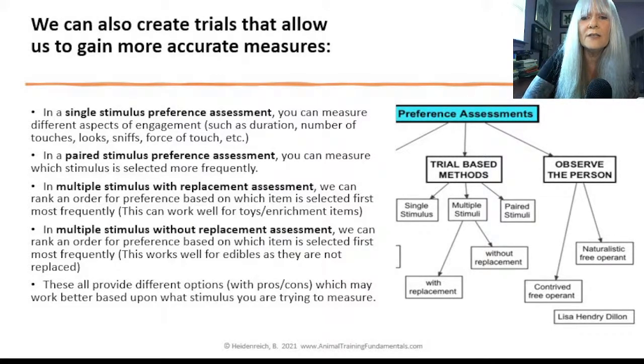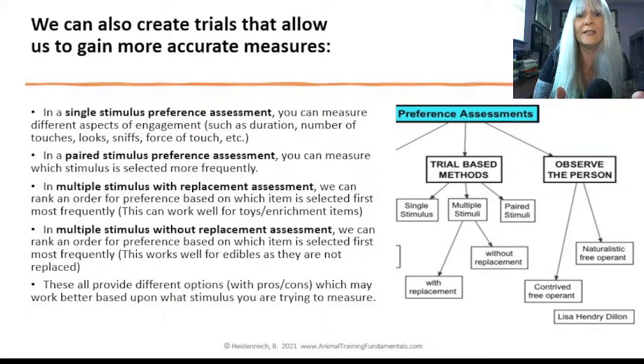But we can also set up some very specific trials. Hi, Caitlin. These are some of the things that Adrian was talking about. We have four different conditions here. First, a single stimulus preference assessment. What does that mean? We take one item and measure different aspects of engagement.